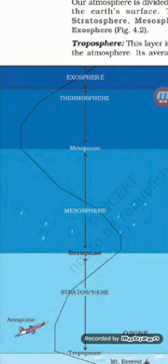Now we will talk about the last layer of the atmosphere, the exosphere. As we say exo, that means exit. So we are going to exit from the atmosphere now.